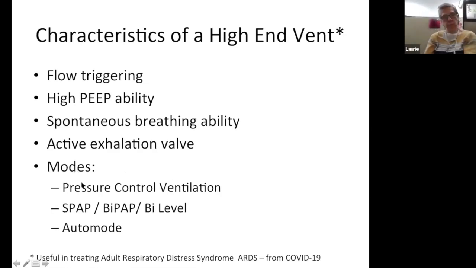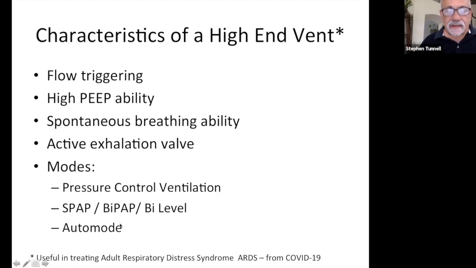And then these are the modes that I look at on a ventilator to tell me if it's a quality ventilator. Does it have pressure-based breaths, pressure-controlled ventilation? Does it have a SPAP, which in other ventilators is also called BiPAP and bi-level? And does it have auto mode?